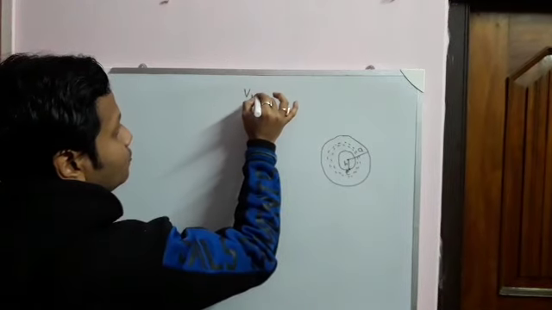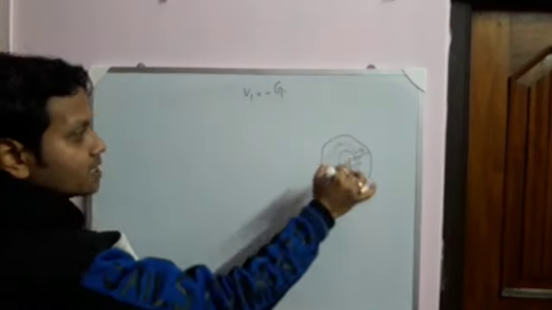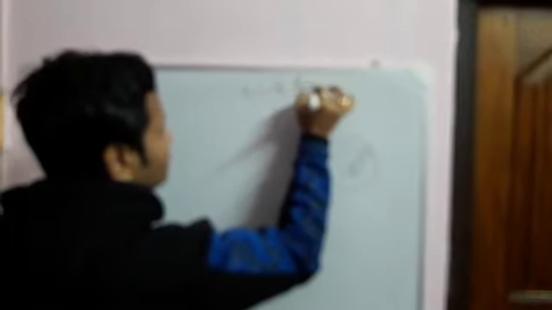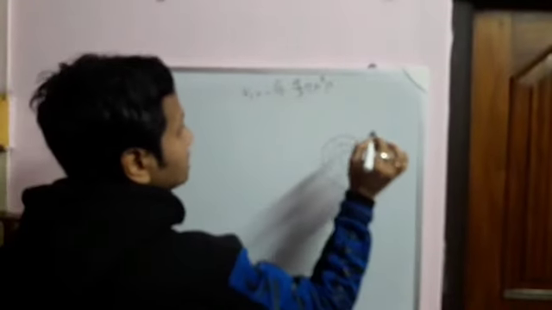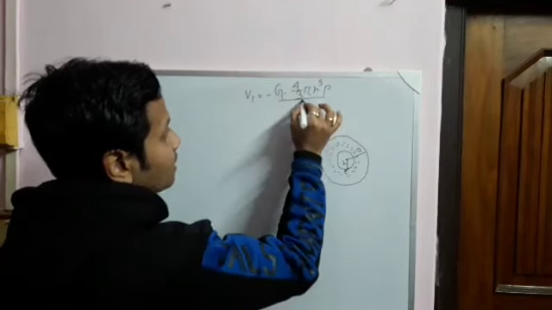Now the potential will be minus G into the mass of the inner sphere. What is that? 4/3 pi r cube rho. Rho is what? Mass per unit volume, right? Divided by r.